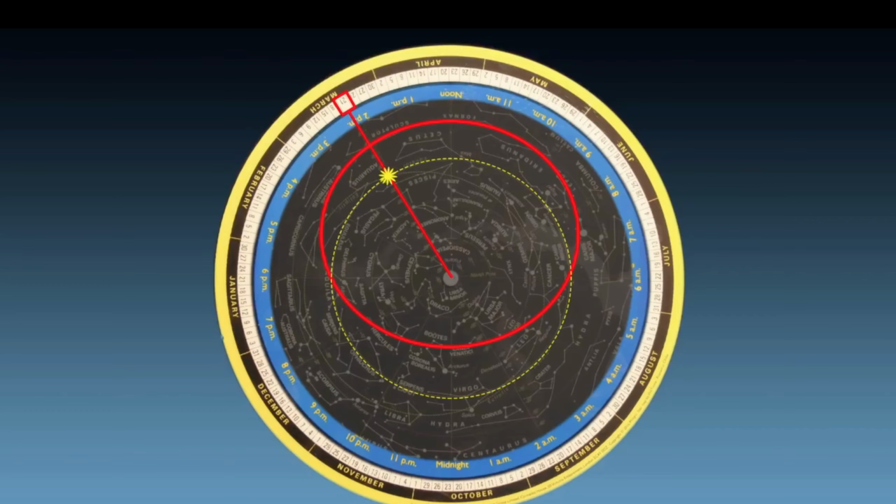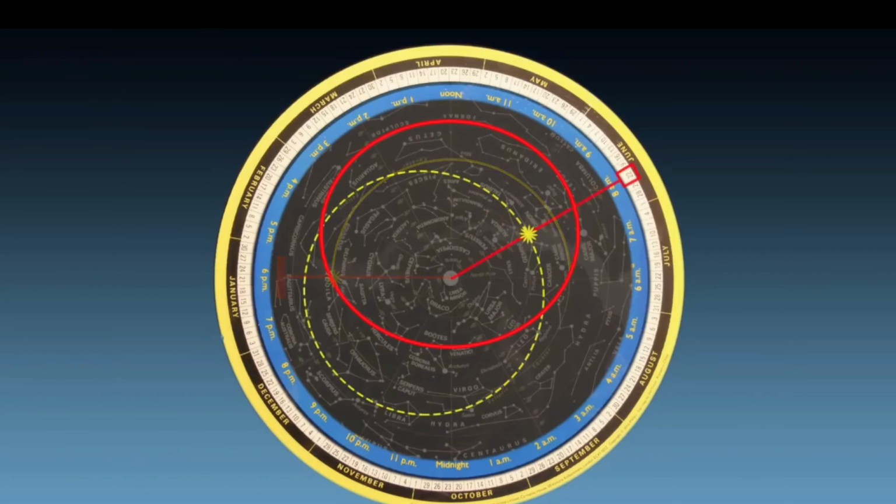If we take March 21st, you'll see that it crosses the eastern horizon at about 6 a.m. and the whole sky rotates that day, taking the Sun across the sky to pass the western horizon about 6 p.m. for sunset.